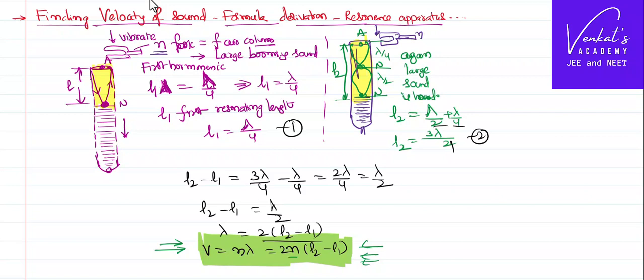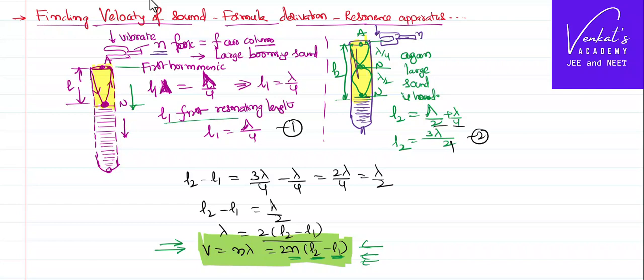We use a tuning fork of known frequency. We first find the first resonating length by changing the length of the air column; for a particular length, you get a large booming sound. That's the first resonating length. You repeat the experiment with the same tuning fork by lowering the water column and increasing the length of the air column, where you get the second length, called the second resonating length.